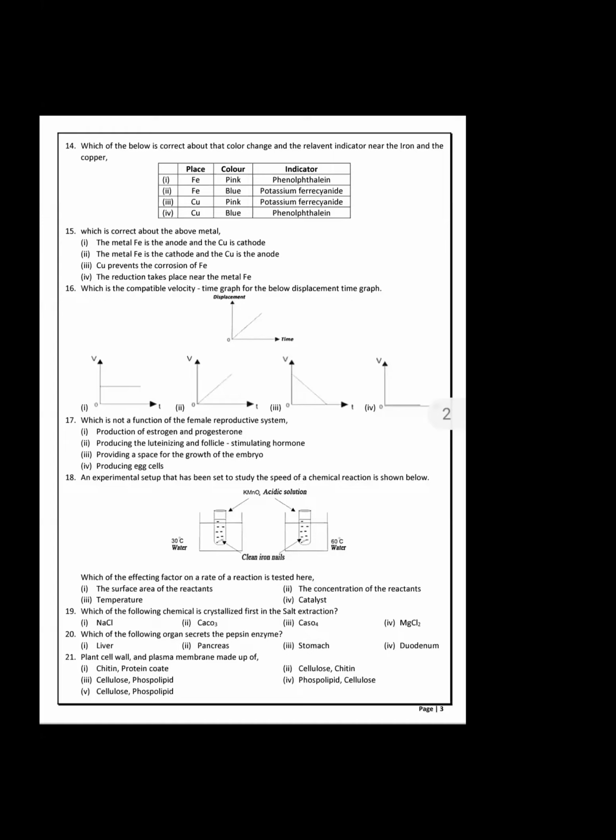Here you can see the answer to 21 is cellulose and phospholipid, answer 5. Okay.